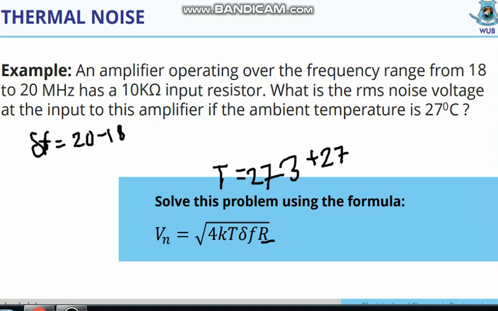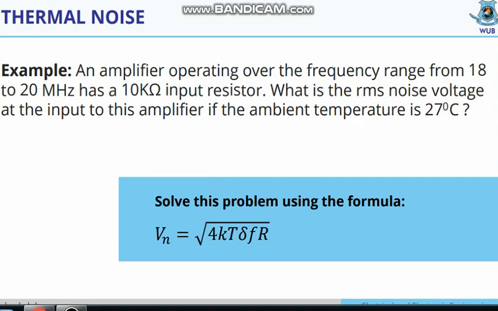The Boltzmann constant is popularly known as 1.38 times 10 to the power minus 23. After calculating this, you can get the answer. Try it on your own.